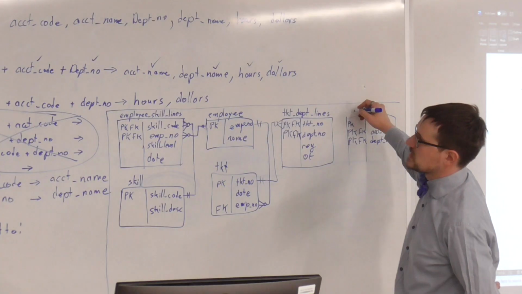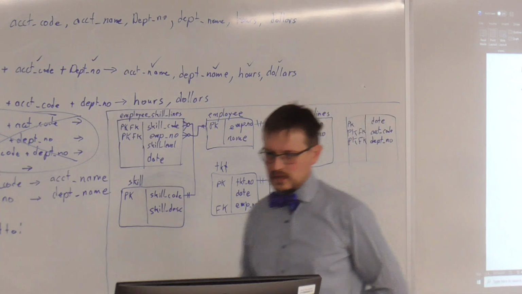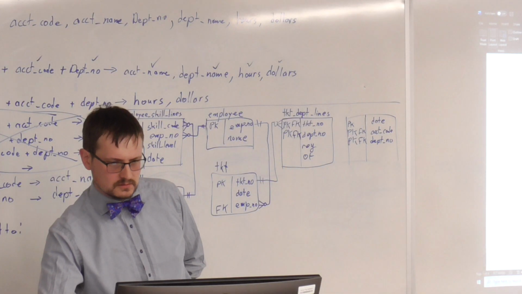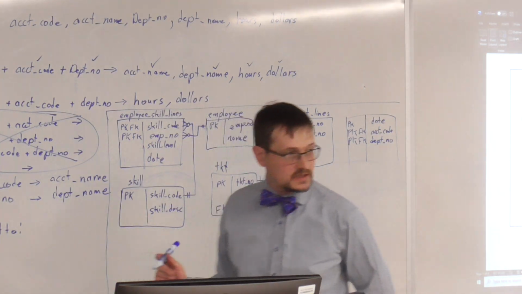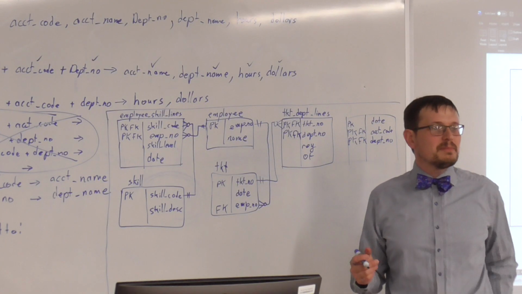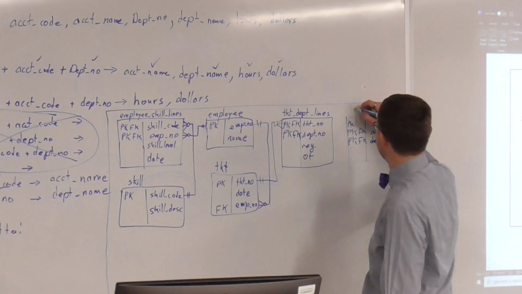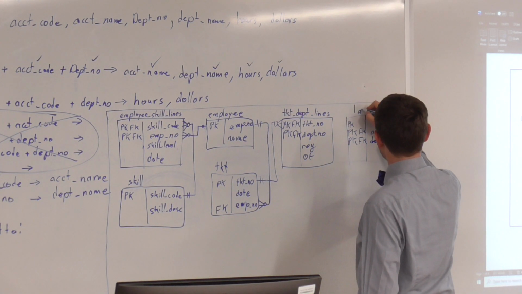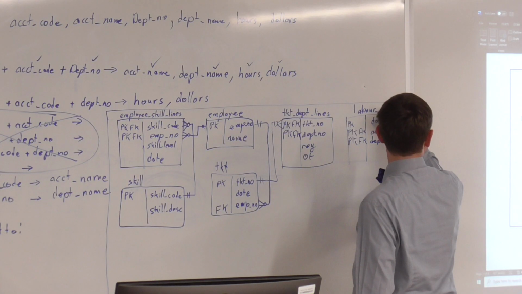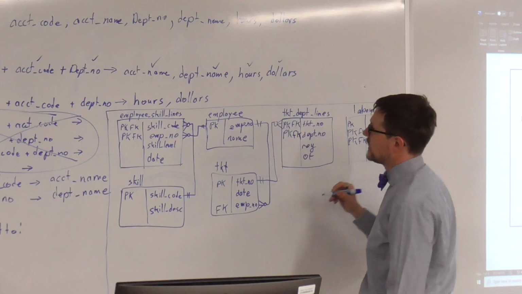Date is used elsewhere, but that doesn't matter, maybe that's like fourth normal form. Okay. So labor dist lines, right?